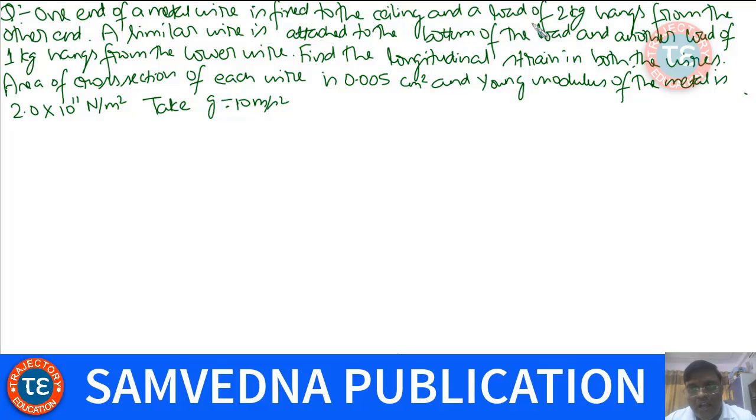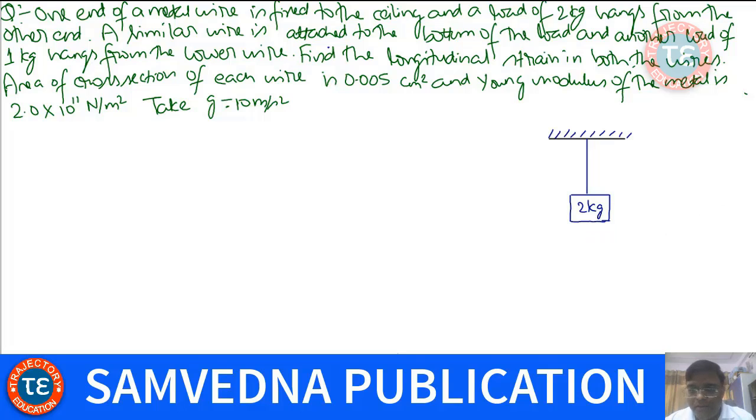One end of the metallic wire is fixed to the ceiling, and a load of 2 kg hangs from the other end. This is the ceiling, and you have a metallic wire over here, and to this metallic wire we have a load of 2 kg hanging.